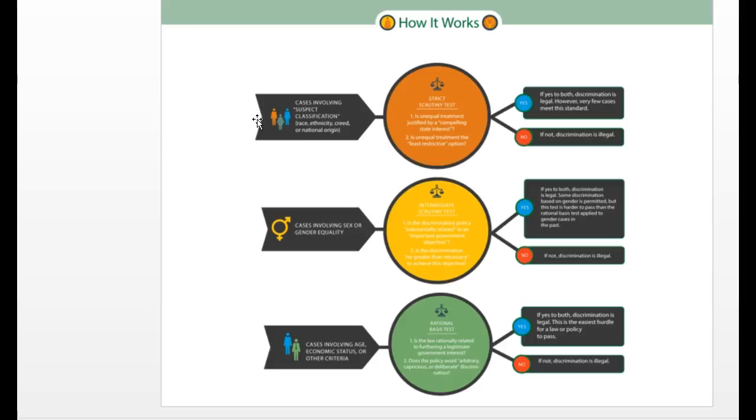But the court, two things to say about this. Number one, the court has reined this in pretty dramatically. It's not legal to simply give a point advantage. It has to be one factor among others, and one certainly cannot hold spaces aside.